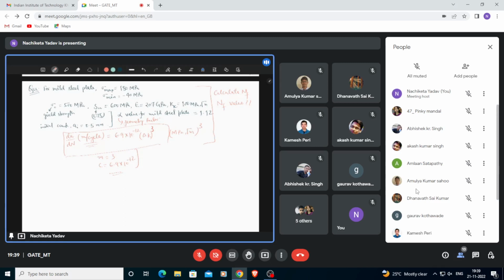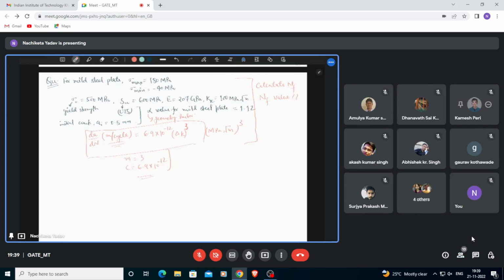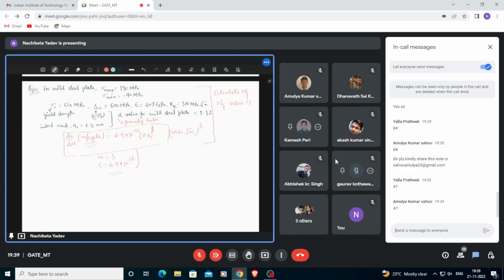What will be the value of the critical crack length in this case? This is in meter. Have you used this alpha value, the geometry factor, for the mild steel plate?